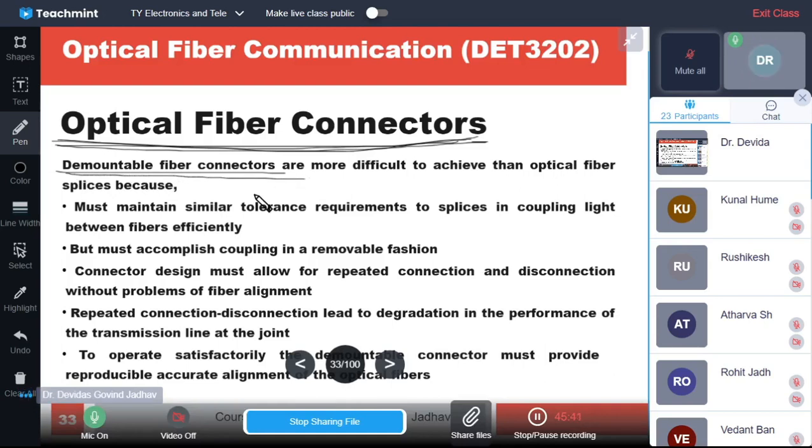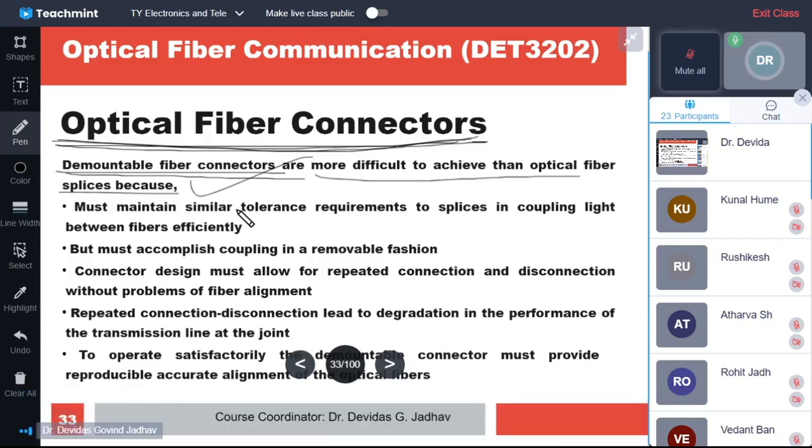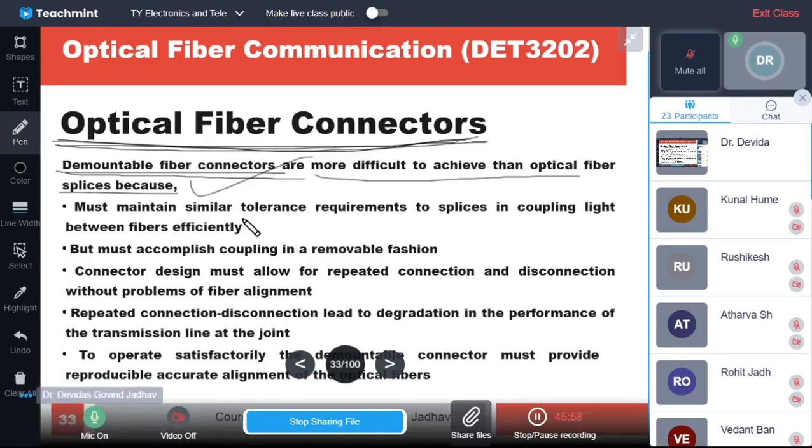Demountable connectors are more difficult to achieve than optical fiber splices. They are difficult because we have to achieve the performance, that joint loss should be minimum, and in the demountable case this becomes difficult compared to a splice.